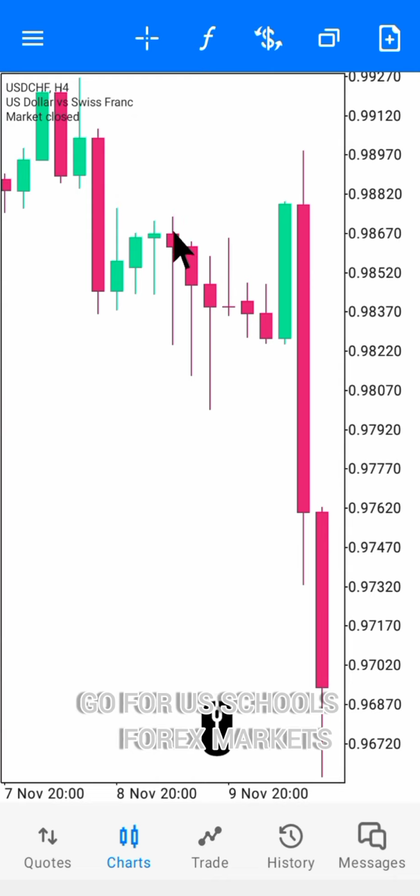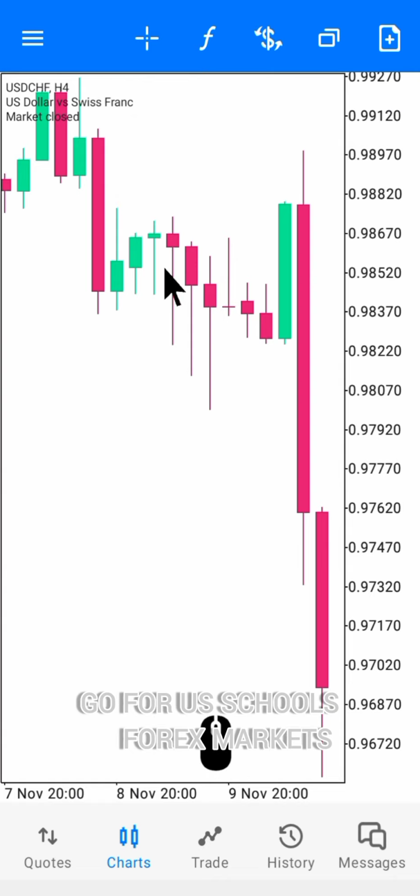Now after that, sellers came in and pushed this market down to this end. After pushing the market down to this end, what happened? Then buyers came in again and pushed the market up to this point, where this candle closed. So this is the low of this candle.